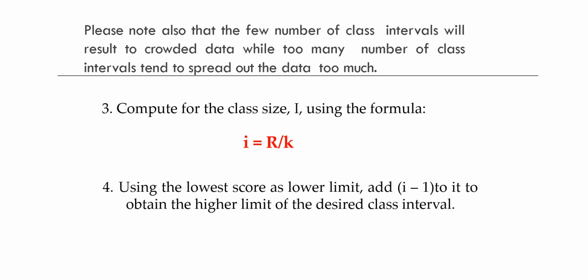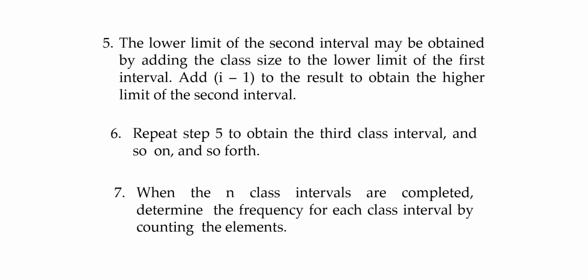Next is, using the lowest score as the lower limit, add to it to obtain the higher limit of the desired class interval. So how is that done? These are the other instructions.